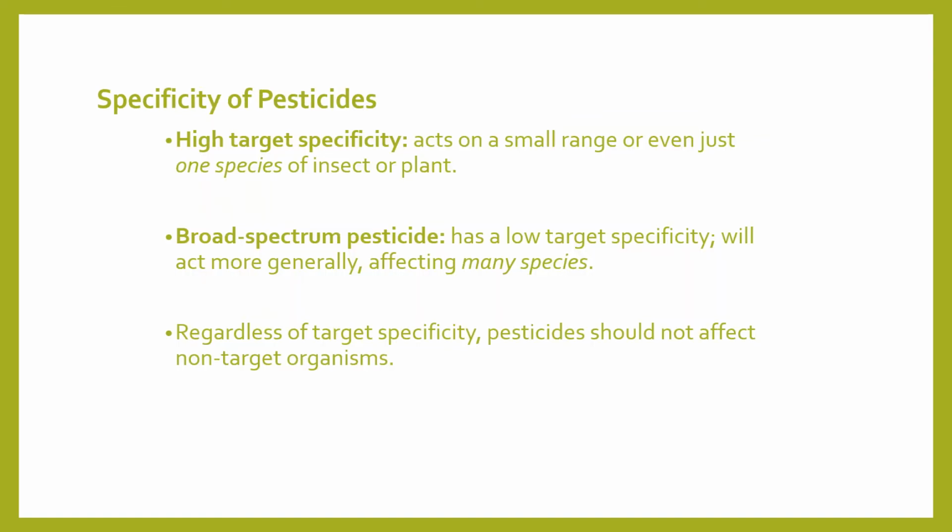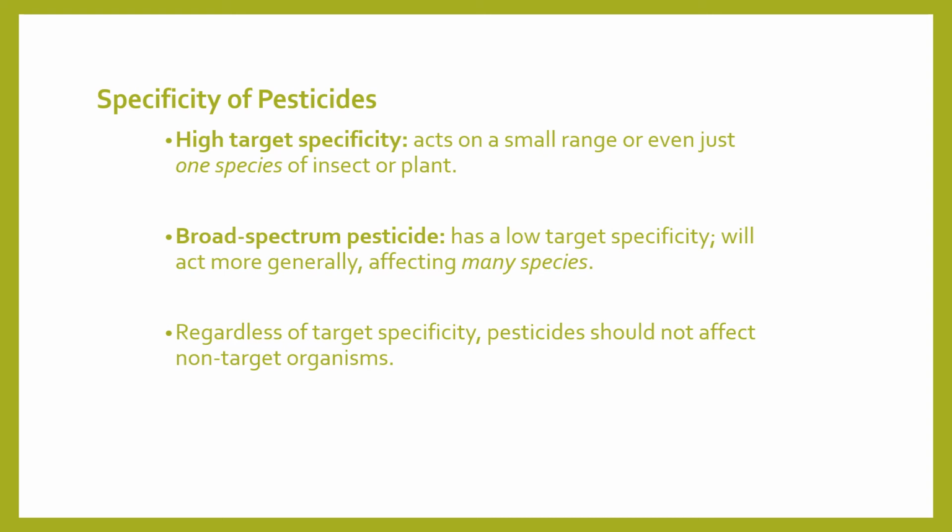When we're talking about pesticides, we want to look at a couple of different things, such as whether they have high target specificity, so they act on a small range, or just hit one type of species, insect, or plant. Sometimes you want something that kills all plant life, like if you want to get rid of all the weeds on a concrete surface: kill everything, grass, dandelions, different weeds. Sometimes you just want a dandelion killer, but leave your lawn alone. So what do you want?